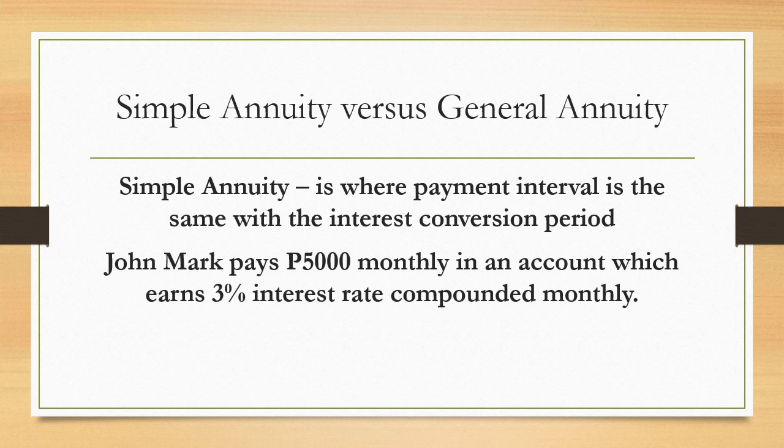So take note of the word monthly. He is paying 5,000 monthly in an account which earns a 3% interest rate compounded also monthly. So you can see the frequency of payment and the frequency of conversion are the same. So that is called a simple annuity.